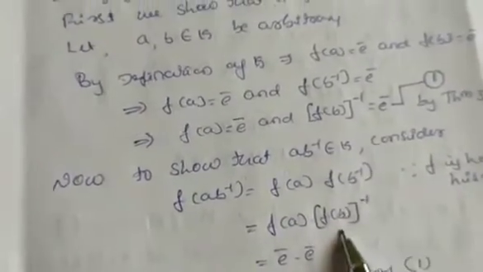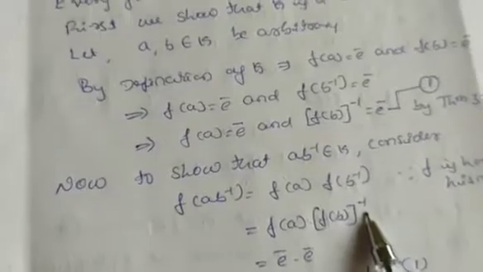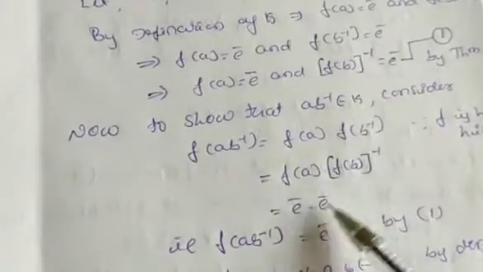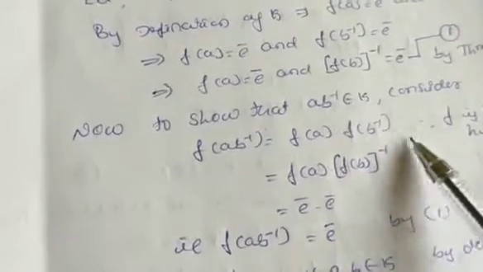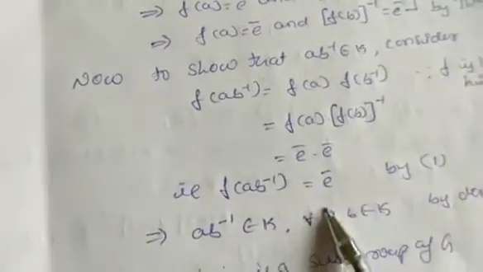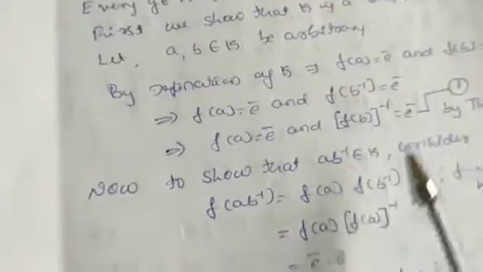This equals f of a into f of b whole inverse, again from theorem 37. Here f of a is e bar and f of b whole inverse is also e bar, so f of a b inverse is e bar into e bar, which is e bar. This is from equation number 1.